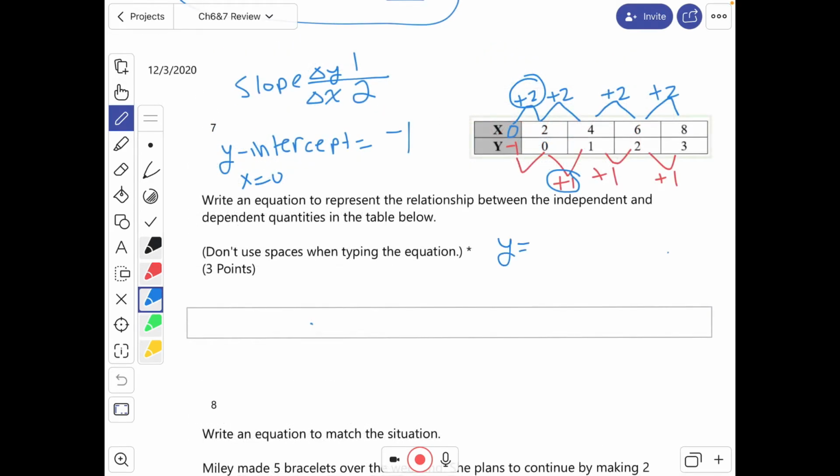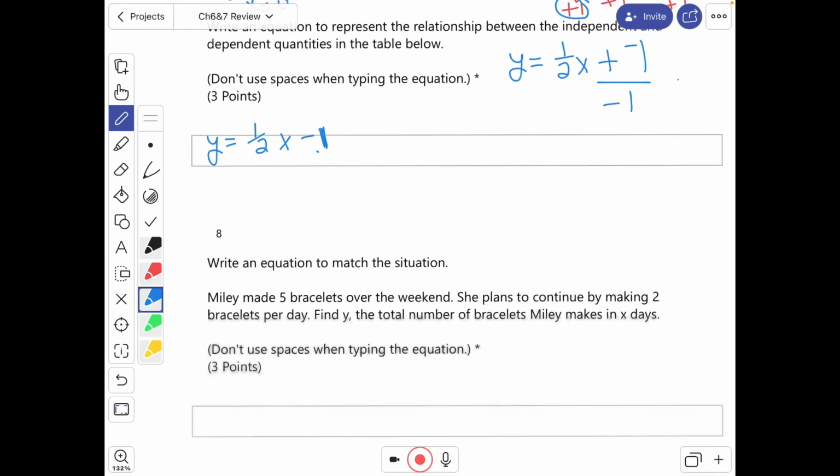Now we plug that information into our equation. y equals slope times x, so 1/2 times x plus the y-intercept, which was negative 1. You can also write that as 1/2 x minus 1, because plus a negative 1 is the same as just minus 1.